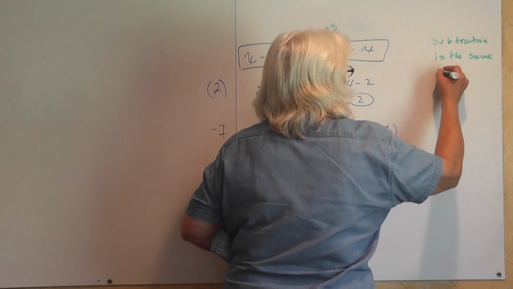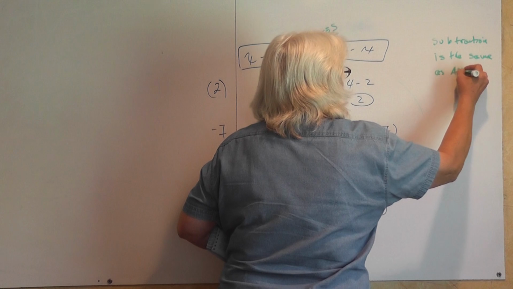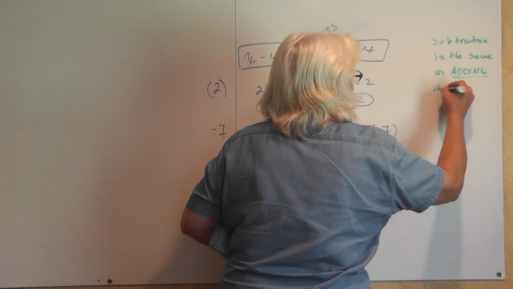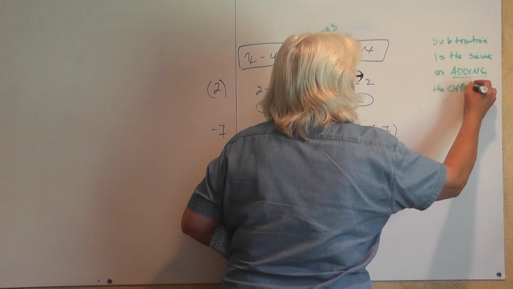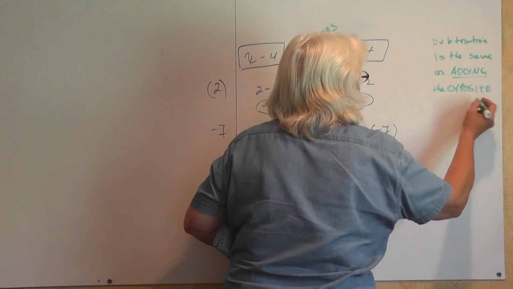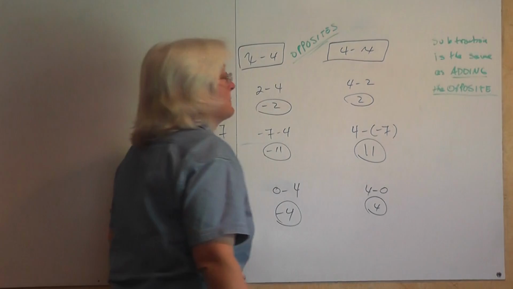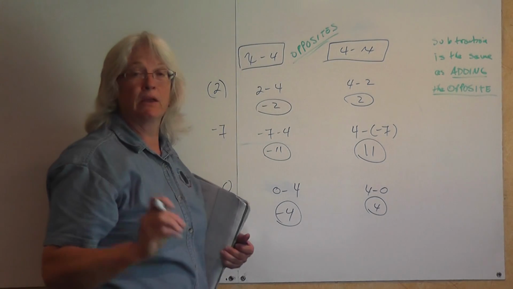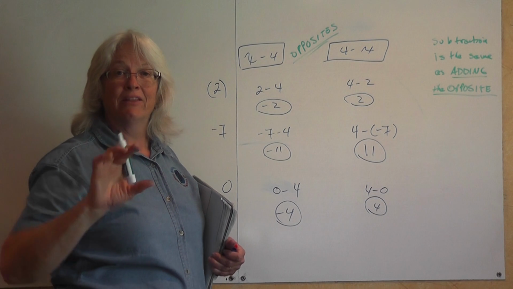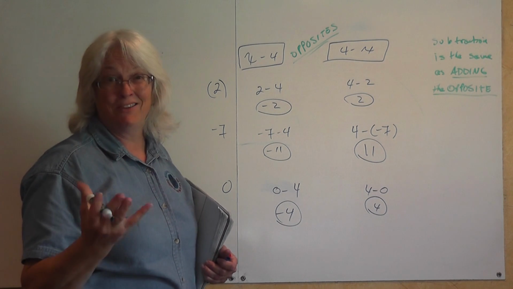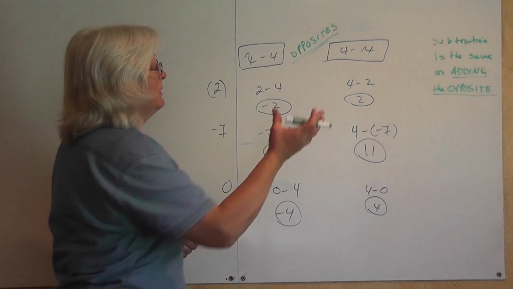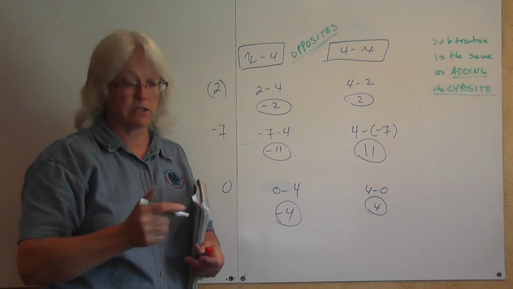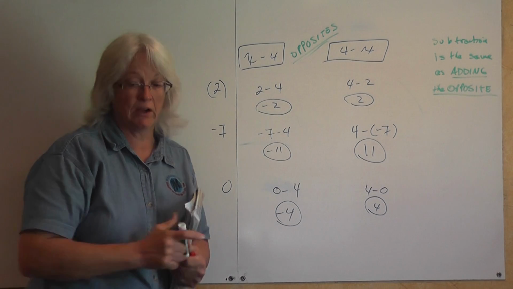Subtraction is the same as adding the opposite. And when you do something with subtraction that vaguely resembles trying to use the commutative property with subtraction, you end up with opposites. And that's an important relationship. So let's move on now and see what we have.